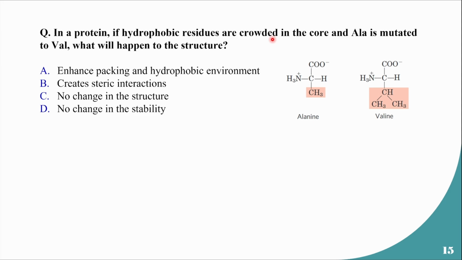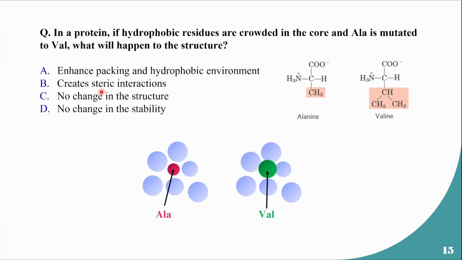If alanine was mutated to a valine, we will notice that valine has a larger side chain, right? So if that mutation occurs in a tightly packed space, it will create steric hindrance because there is not that much space to accommodate the larger side chain of valine. So it will create kind of a steric clash.